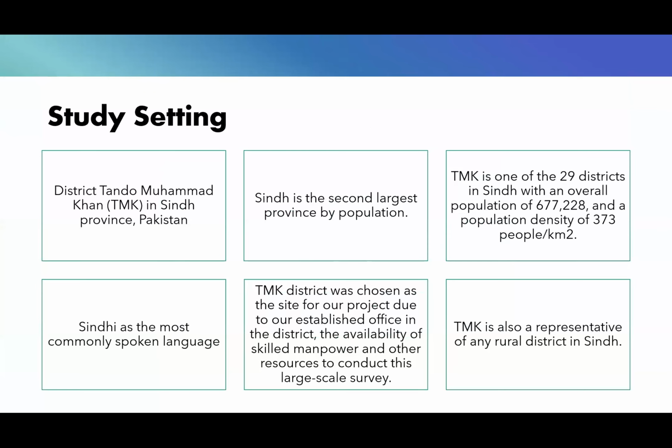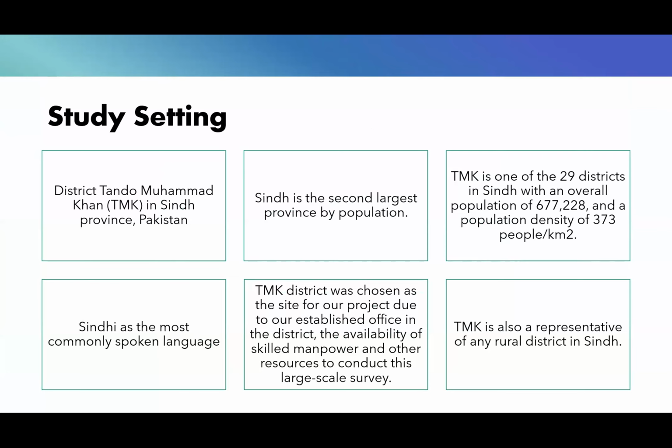So our study was in a rural district of the Sindh province, that is Tando Mohammad Khan, and Sindh is the second largest province of Pakistan by population. Tando Mohammad Khan is one of the 29 districts in Sindh with an overall population of 0.65 million and a population density of 373 people per square kilometer.